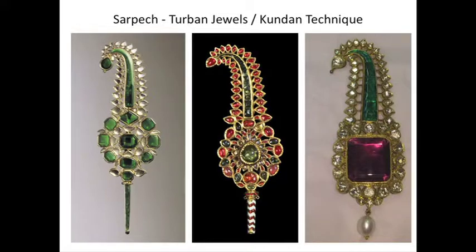There was very little faceting that was done at all. They were interested in clarity and purity of the stone, and very little faceting or shaping at all. So that's a way that you can start to discern the period of the piece. So when we see a lot of faceting, that's generally something that came from European approach to the manufacture of the gems.